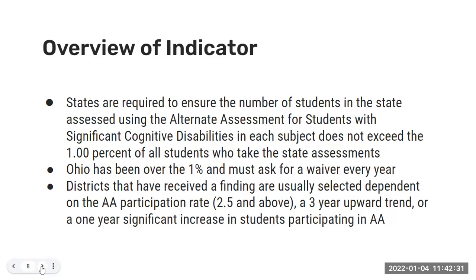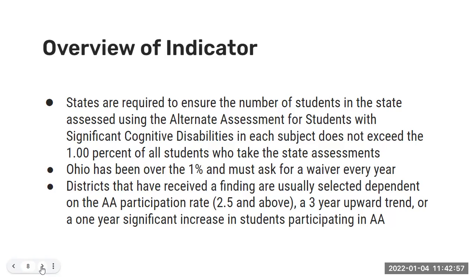So that is why this indicator came about. And if you have a finding, you're usually selected dependent on your alternate assessment participation rate. Usually it's if you're 2.5 and above. There have been other circumstances that will cause you to have an indicator finding.